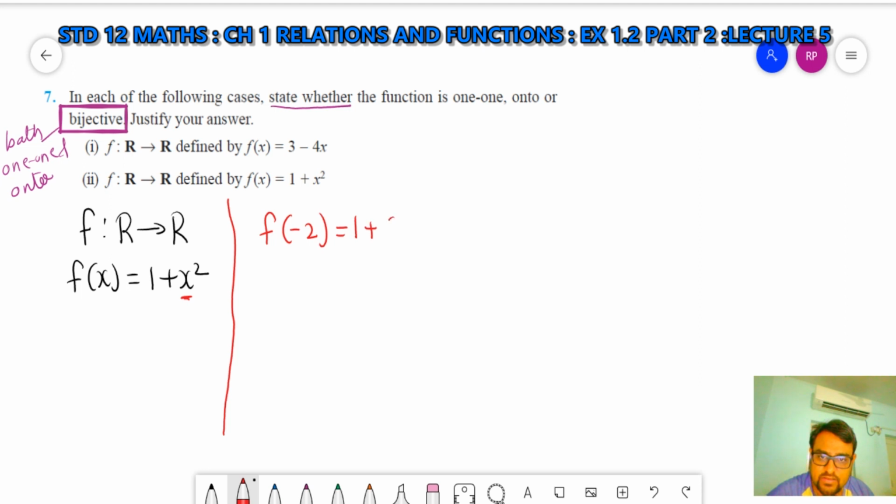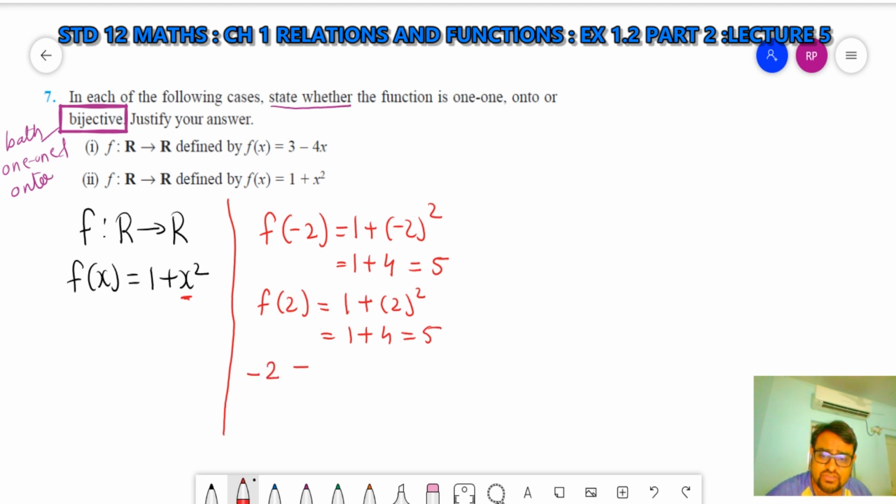1 plus (minus 2) square, that is equal to 1 plus 4, and that is equal to 5. Now f of 2 will be equal to 1 plus 2 square, again 1 plus 4 equal to 5. So I got the example, right?